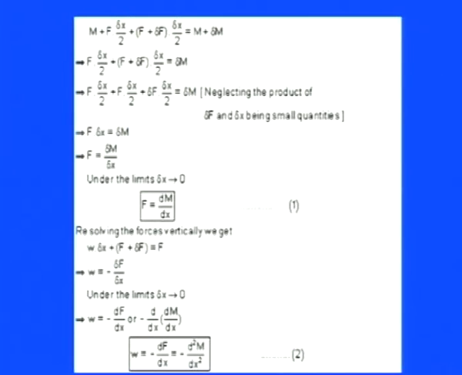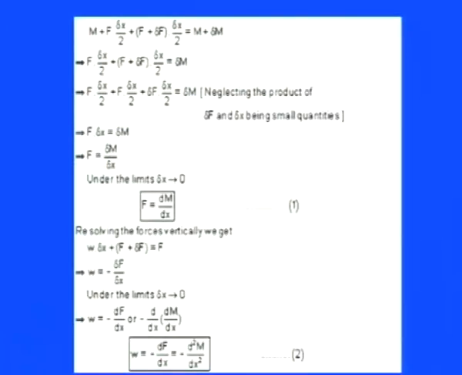Or you can get the intensity of the load at different points, like at x equals 0, 1, 2, 3, by putting those values in dF by dx or d2M by dx squared.